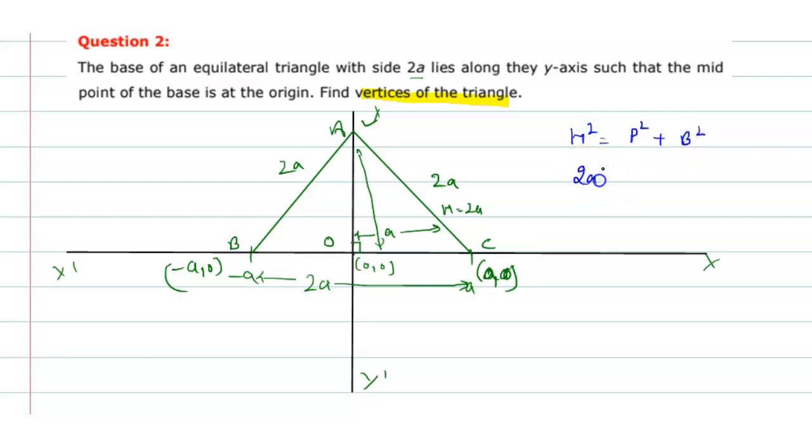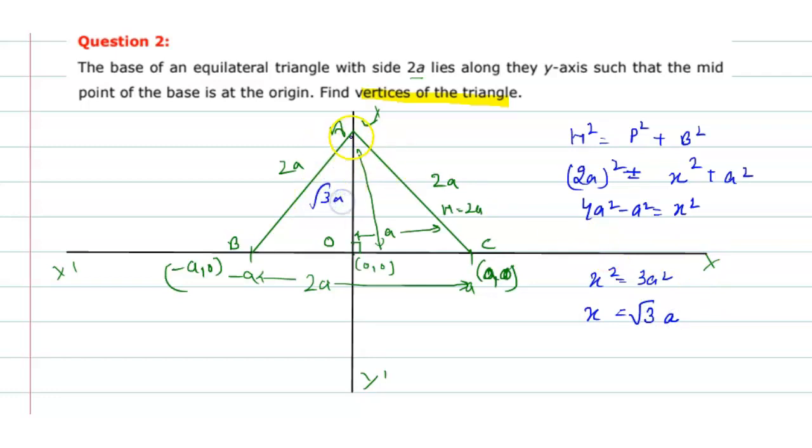So 2a squared minus a squared is equal to x squared, and x squared is equal to 3a squared. It will be further simplified: x is equal to root 3 a units. So this height is root 3a, and this coordinate will be (0, root 3a).